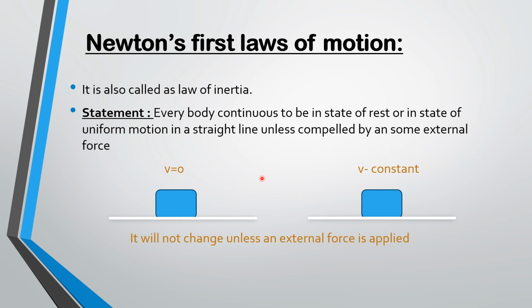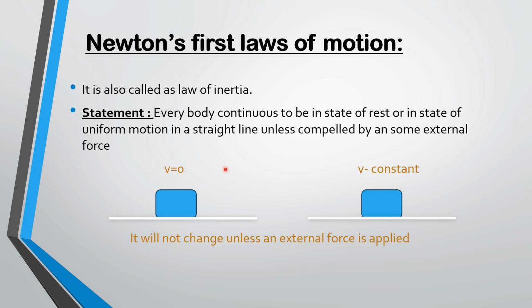Consider an object or body placed in a straight line, at rest. This is one state of motion. A body moving with a constant velocity is another state of motion. So every body continues to be in a state of rest or uniform motion unless compelled by some external force.